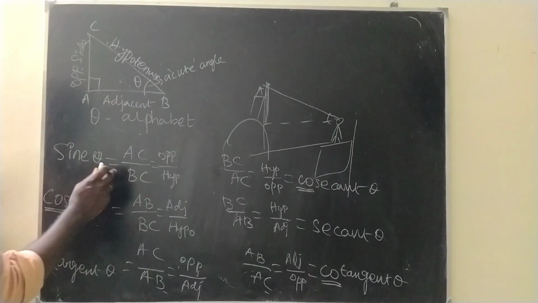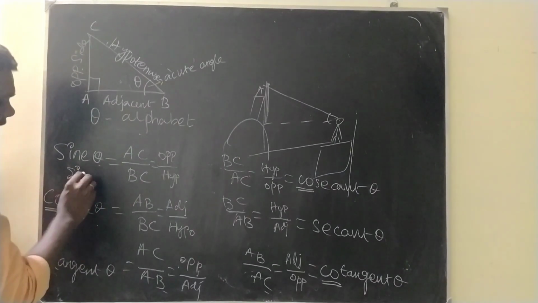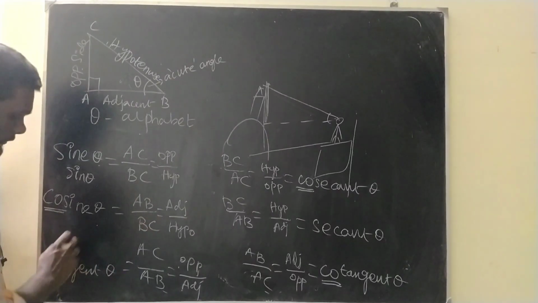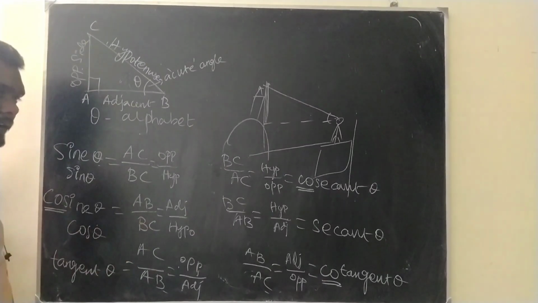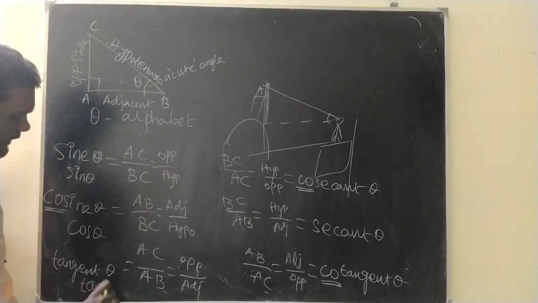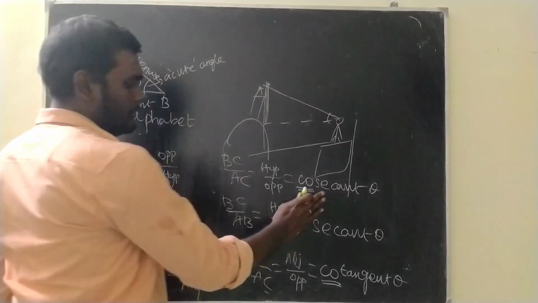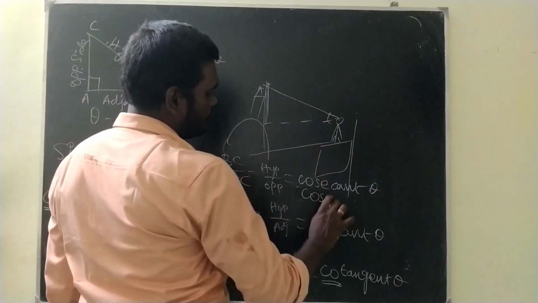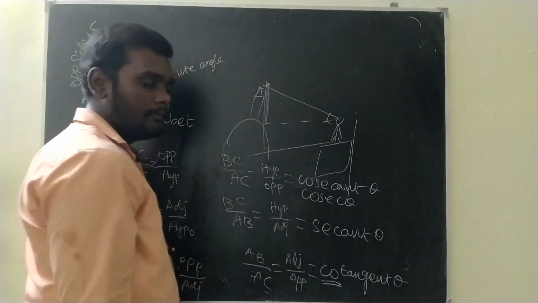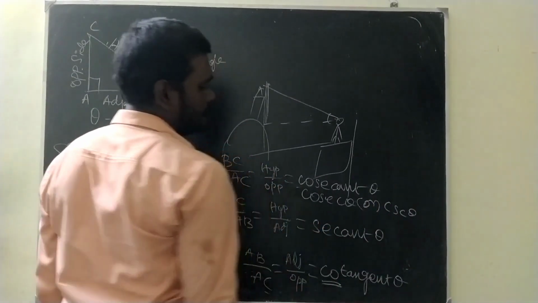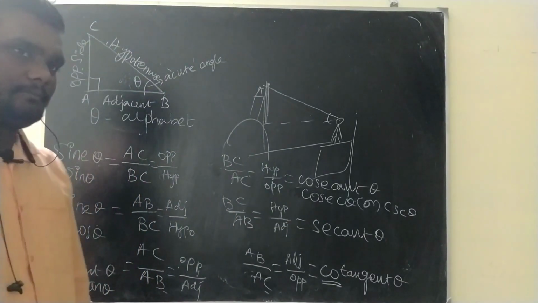Instead of sine, we write sin theta. Instead of cosine's full name, we write cos theta. Instead of tangent, we give a short name, a nickname, tan theta. And this one is cosec theta. Sometimes we will use CSC theta for short.